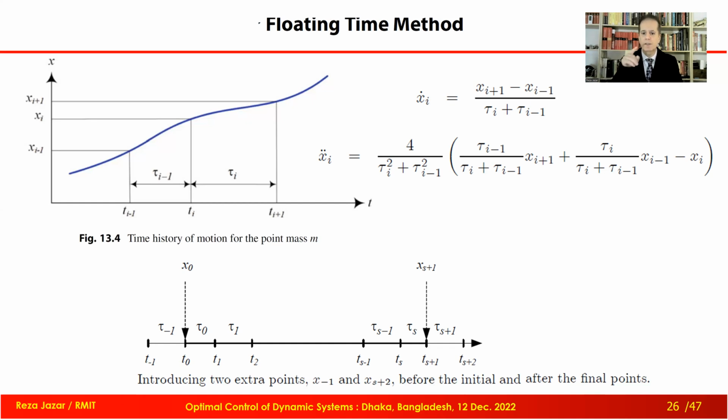Total time difference is tau_i plus tau_i minus 1, which is indicated in the figure. Tau is time difference, which in Euler method we call h, or delta x, or delta t, which was constant. Here they are not constant. So x values are given, tau values, which I call floating time, are not. Similar to that, we are able to calculate an equation for x double dot, which is acceleration.